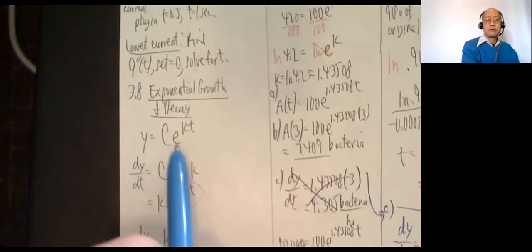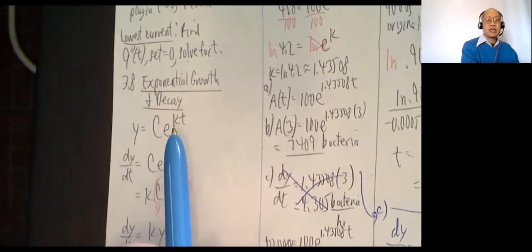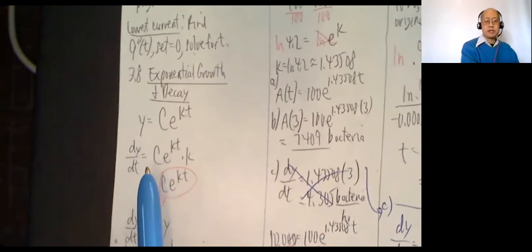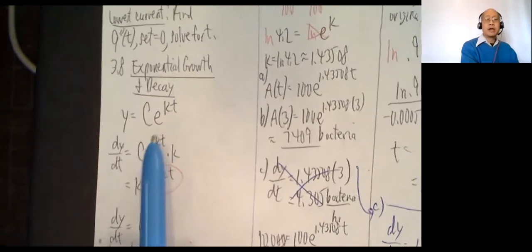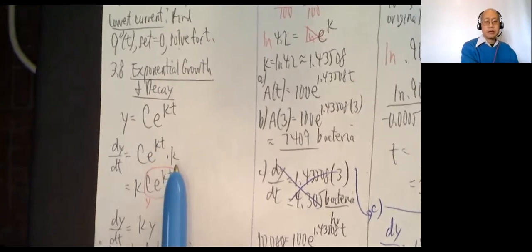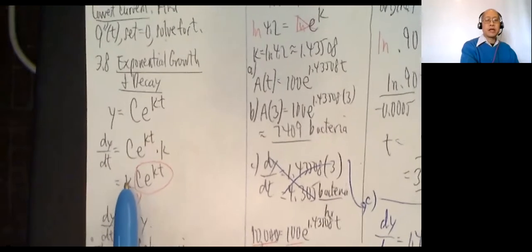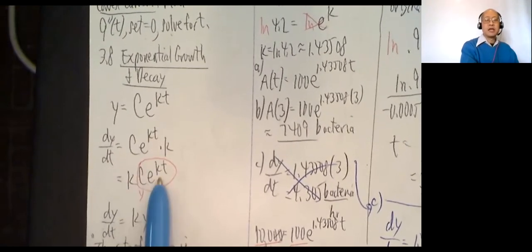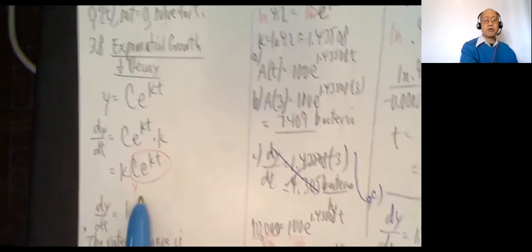So let's take the derivative. How do you differentiate c e to the kt? Well, you put down c e to the kt, and by the chain rule, it's times the derivative of kt, which is k. If I clean it up a little, it looks like k c e to the kt, and that c e to the kt is the same as my original y.